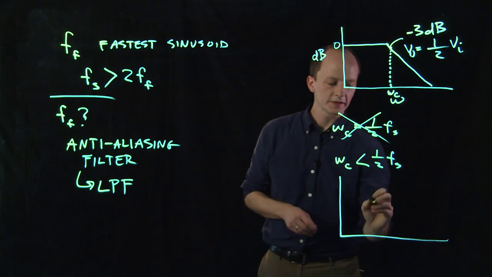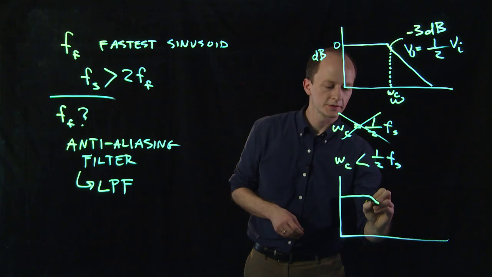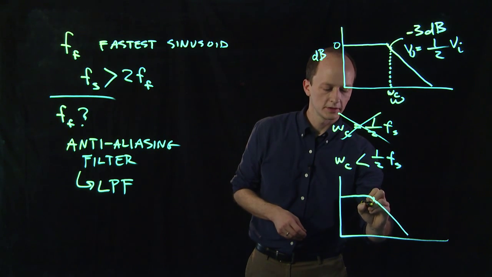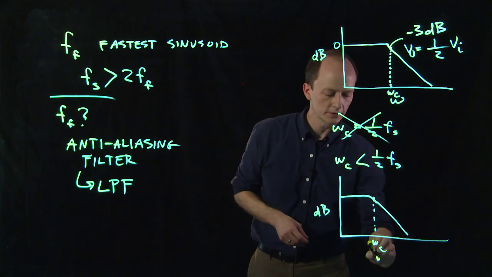So we want to choose our filter and choose the cutoff WC, again on a plot of decibels versus frequency.